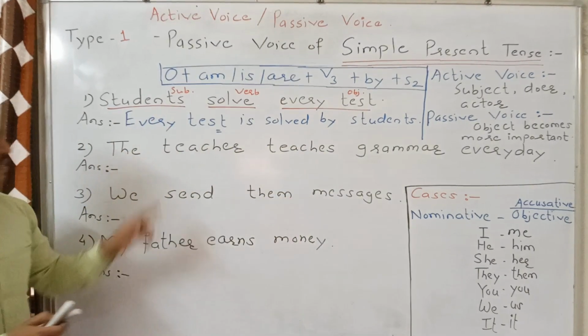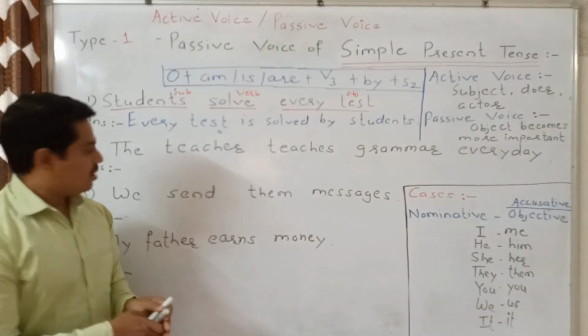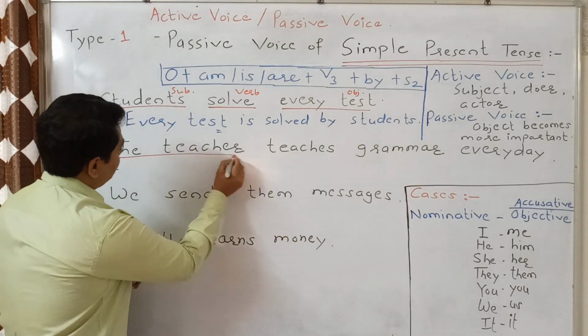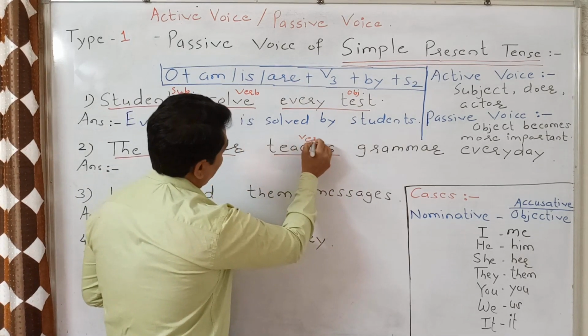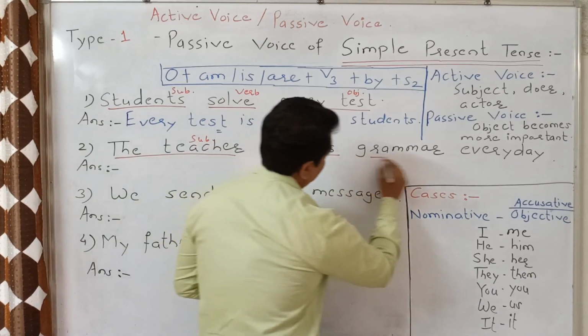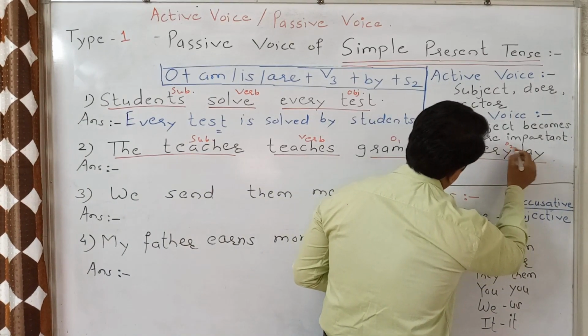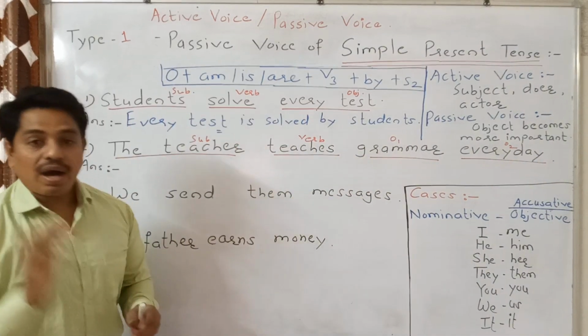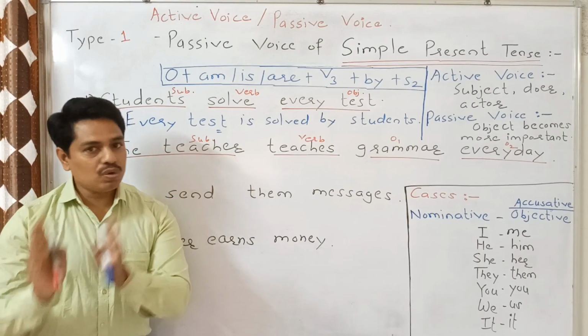Next sentence: The teacher teaches grammar every day. Here, the teacher is the subject, teaches is the verb, grammar is object number 1 and every day is object number 2. Again we will ask the question with what or whom.